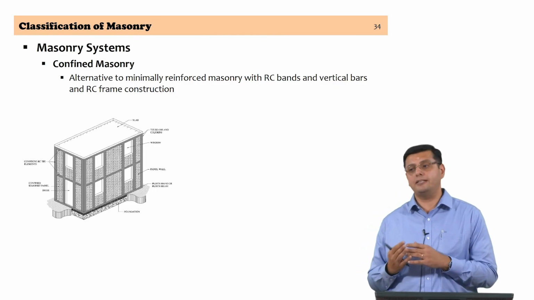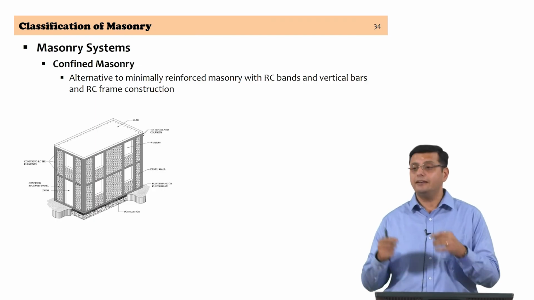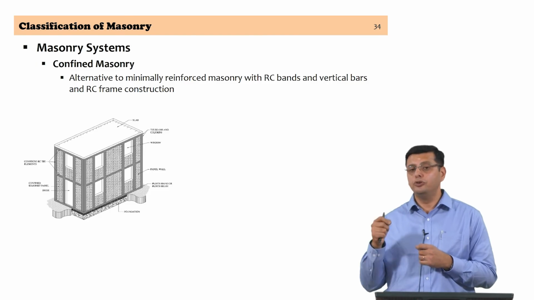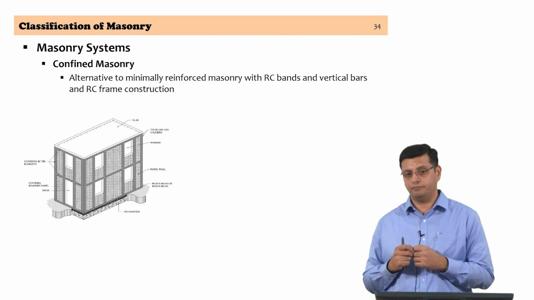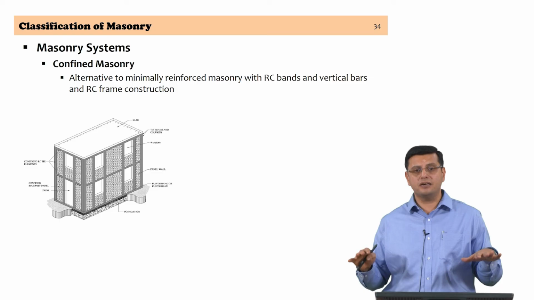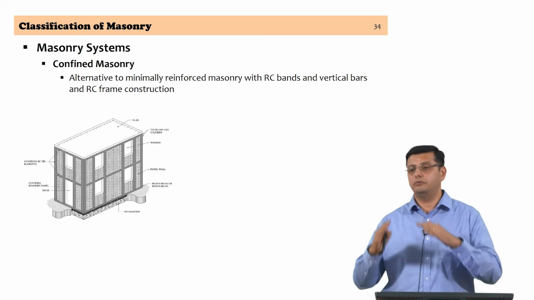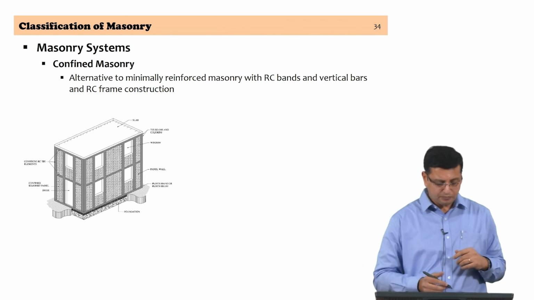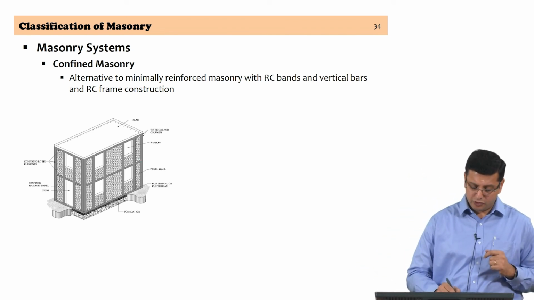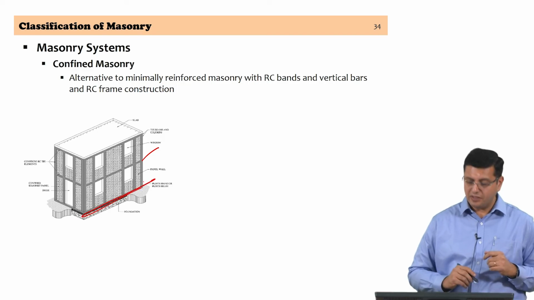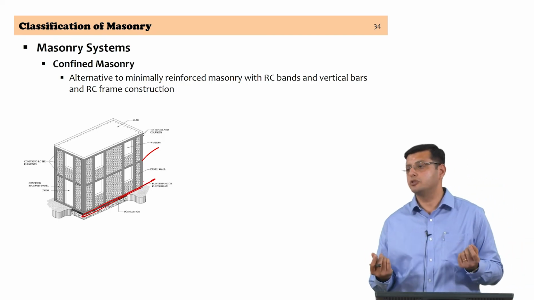Another important aspect is the fact that the reinforced concrete elements, the vertical reinforced concrete elements, do not have a foundation of their own. The load bearing construction is the masonry construction, that is all, which means the vertical bars, the reinforced concrete vertical elements come and are embedded in the plinth beam, which is a reinforced concrete plinth beam.